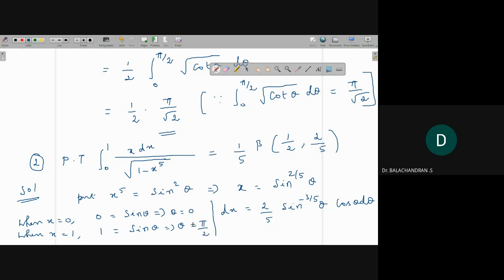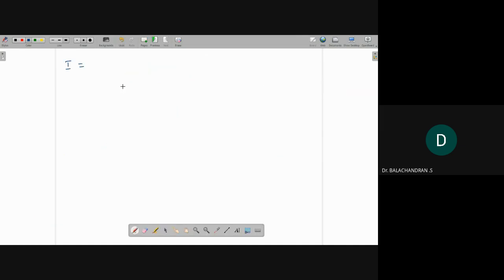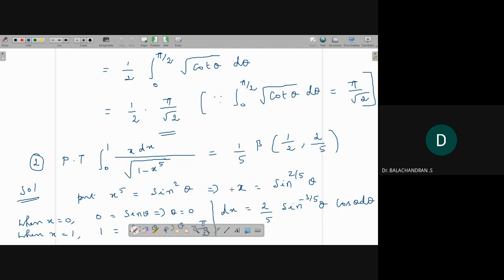Now this is I. So I is equal to the given problem, integral 0 to 1 x dx divided by root of 1 minus x power 5. So this is the given problem. Now theta varies from where to where? Theta varies from 0 to pi by 2.